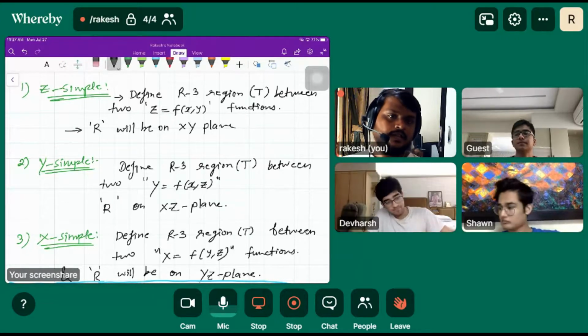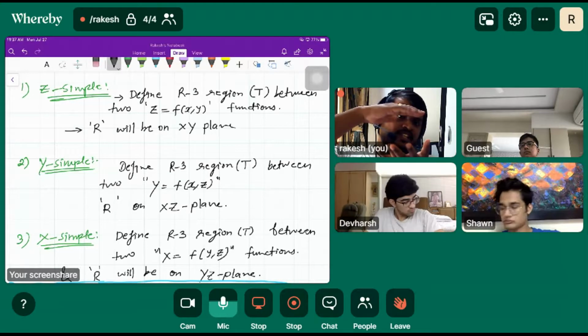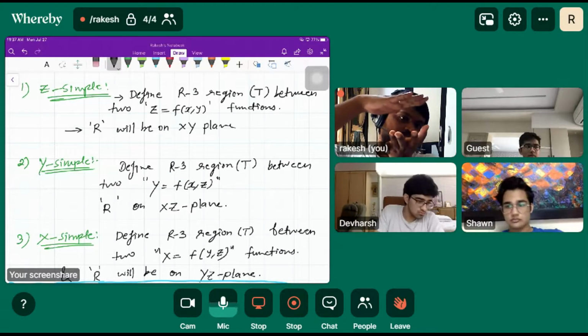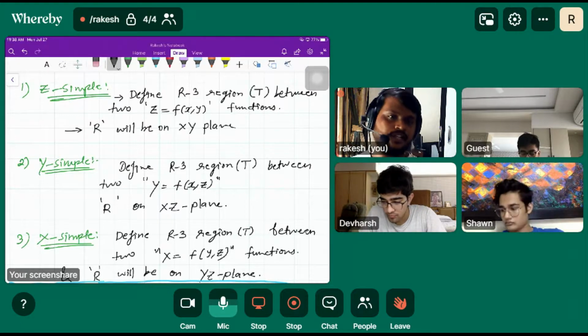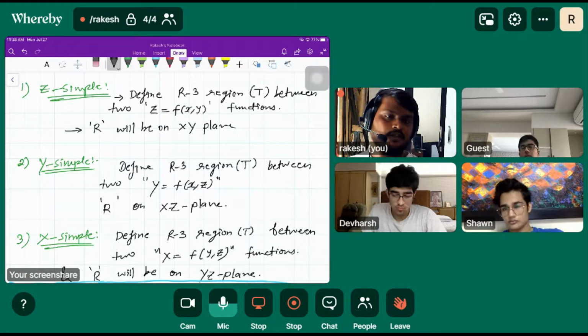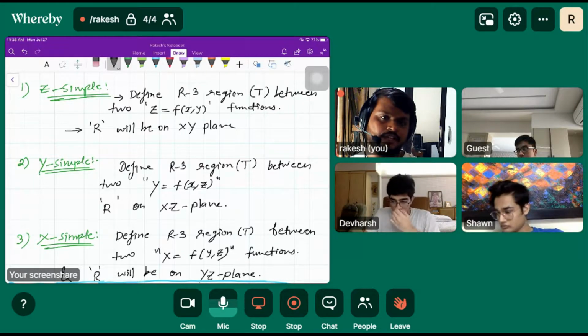Our region T is between those two surfaces, and the direction is along z. So we need to integrate with respect to z first.